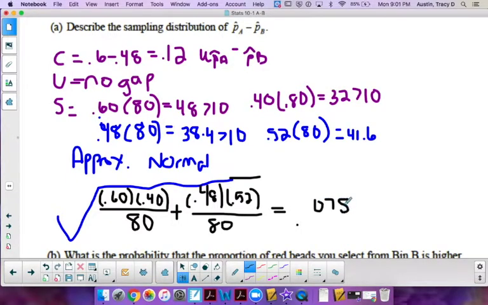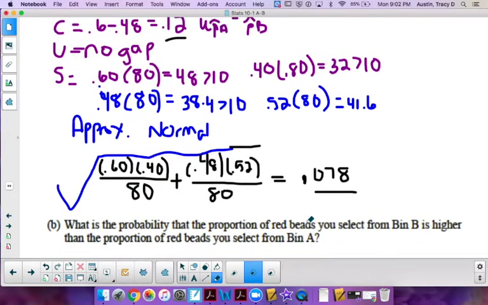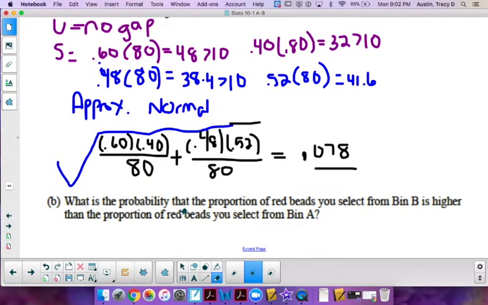Okay, and if we have the mean and the standard deviation, then we should be able to do the probability question that comes next, because we have our mean and we have our standard deviation, and all we need now is a piece, right? That's our statistic minus our parameter. Well, our parameter is 12%. Our standard deviation is 0.078, so let's figure out what our pieces are that we're interested in.